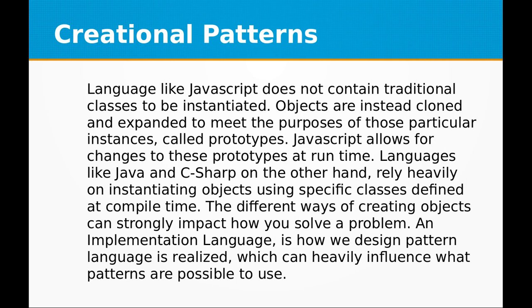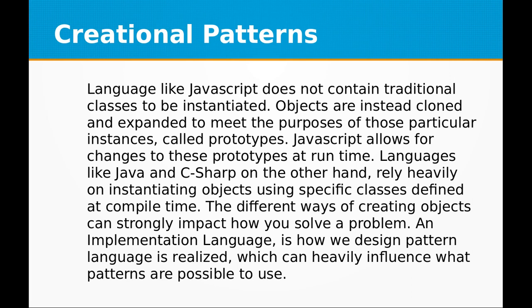A language like JavaScript does not contain traditional classes to be instantiated. Objects are instead cloned and expanded to meet the purposes of those particular instances, called prototypes. JavaScript allows for changes to these prototypes at runtime.